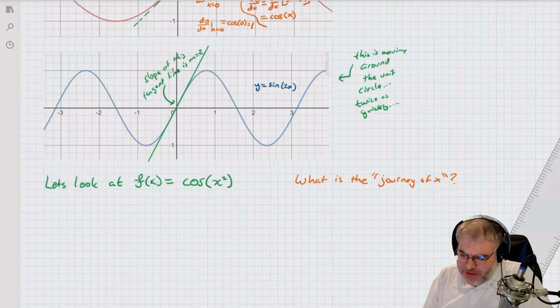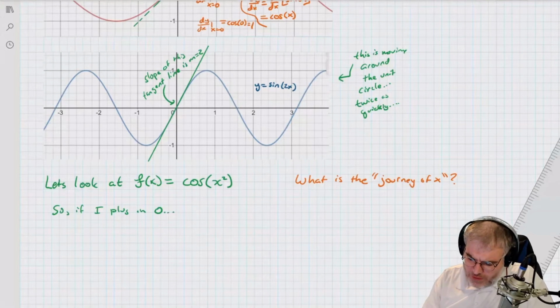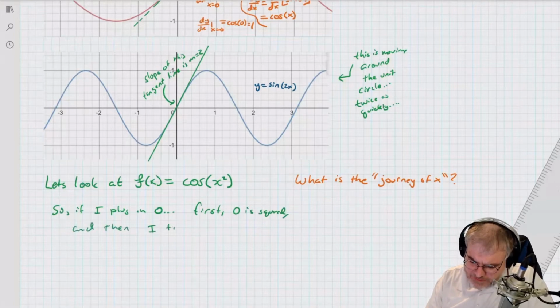But what happens? I plug in x here. So let's plug in 0. First, 0 is squared, and then I take the cosine.